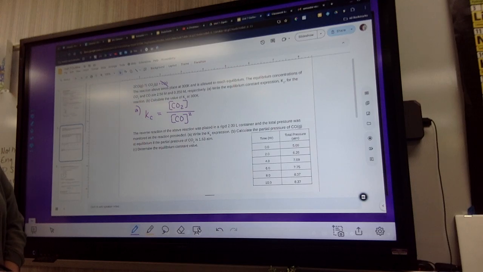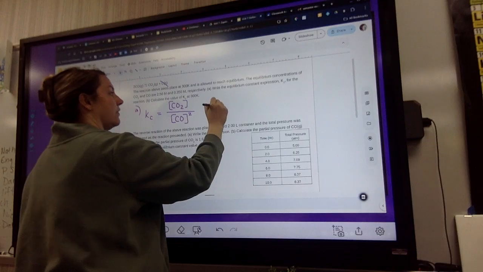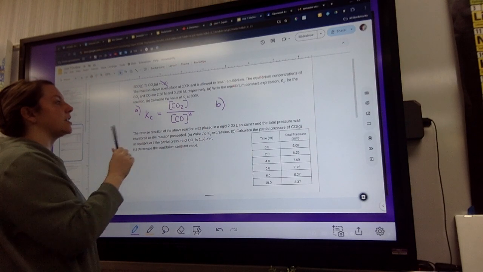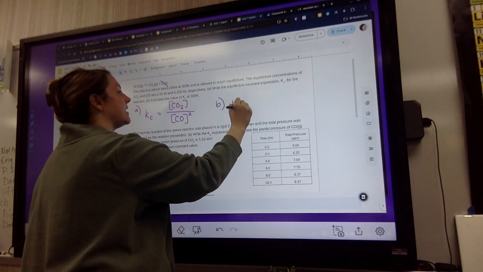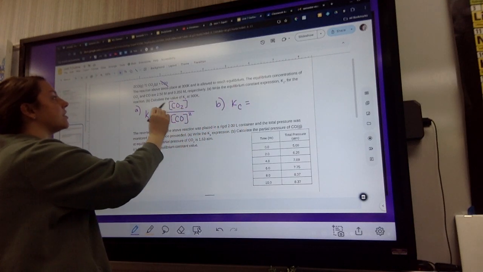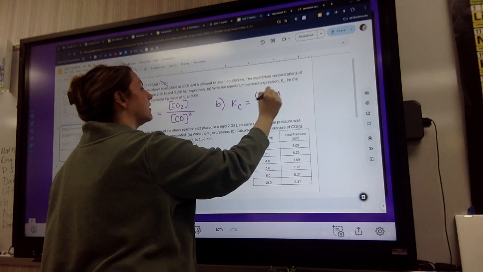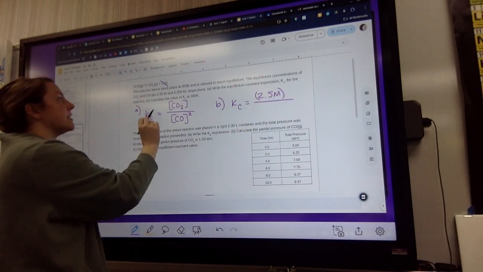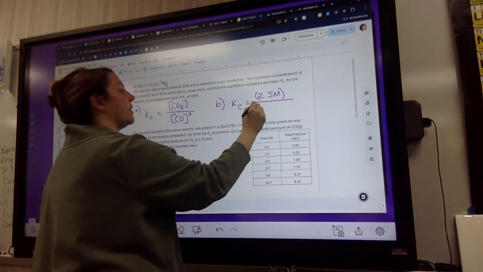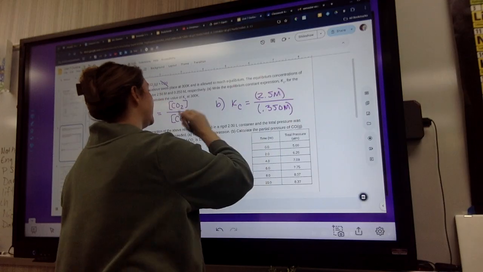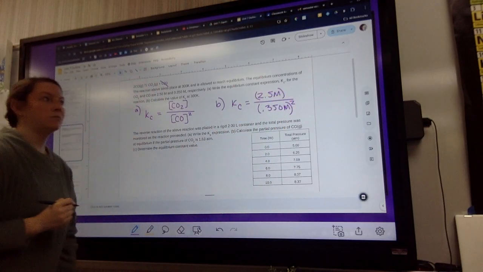So then for part B, it wants us to calculate the value of Kc at 300 Kelvin. So for B, we're just going to plug in the information that it gave us. So our Kc is equal to, our CO2 is 2.5 molarity, divided by my CO, 0.350, raised to the second power.